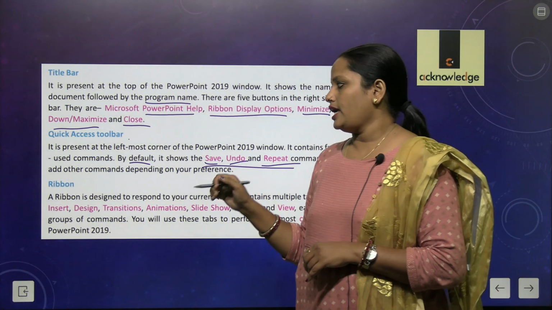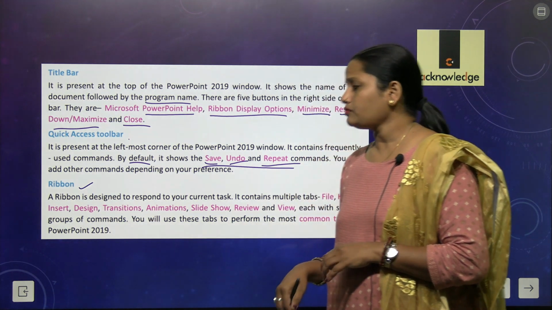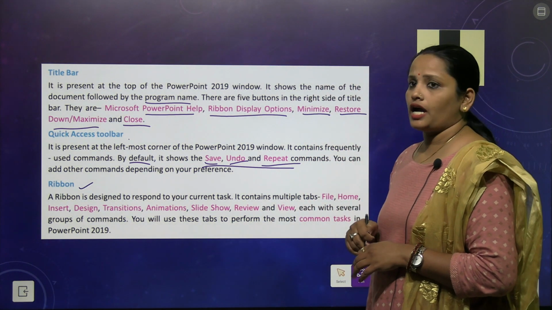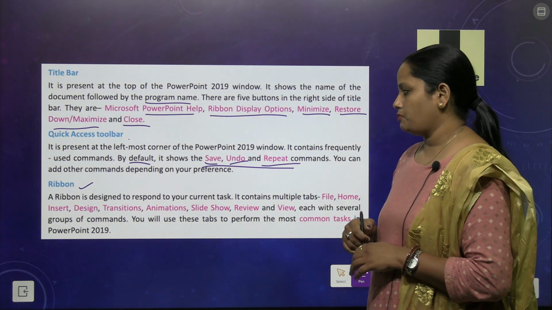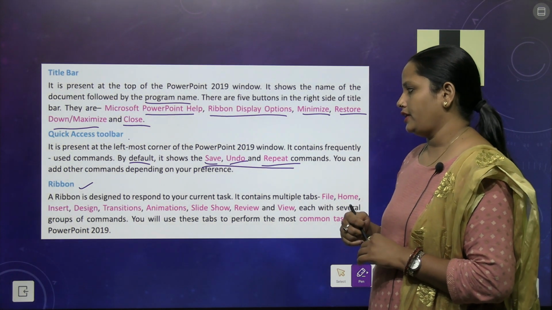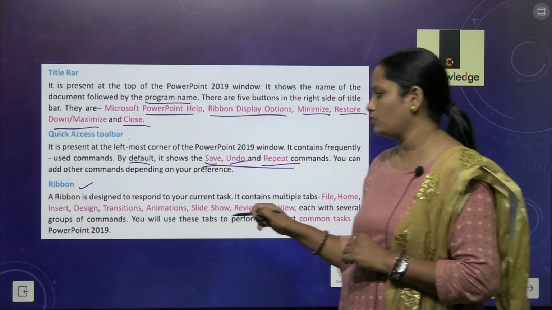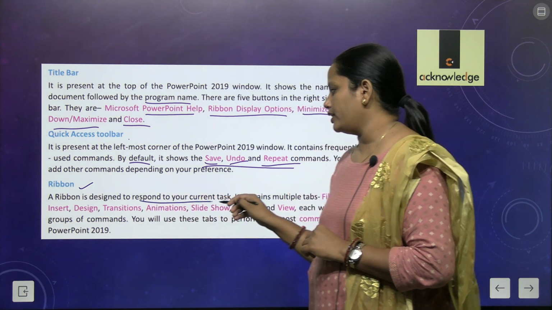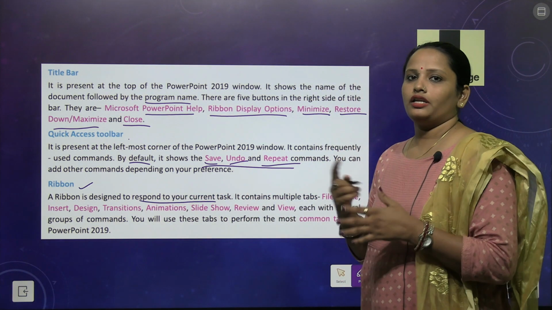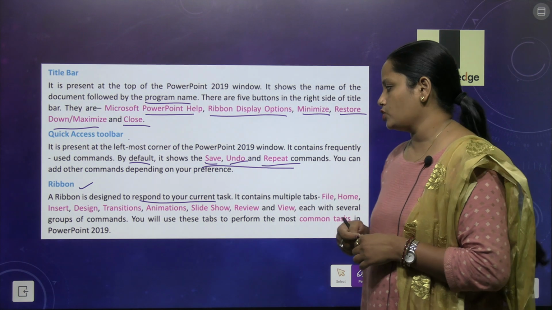Okay. Next is our ribbon. A ribbon is designed to respond to your current task. By the ribbon what can we do? We can respond to our current task. Whatever tab we are opening, the ribbon works according to that.